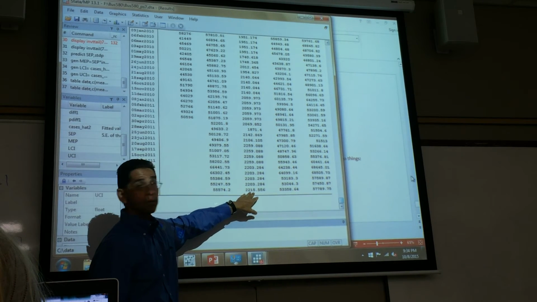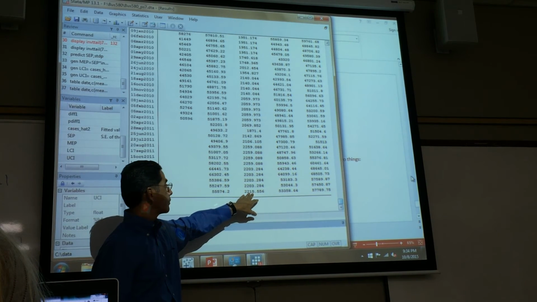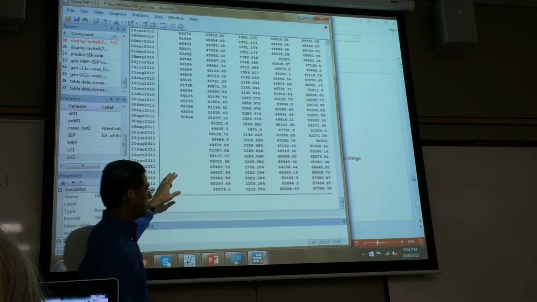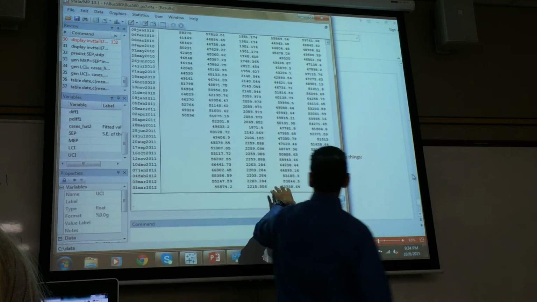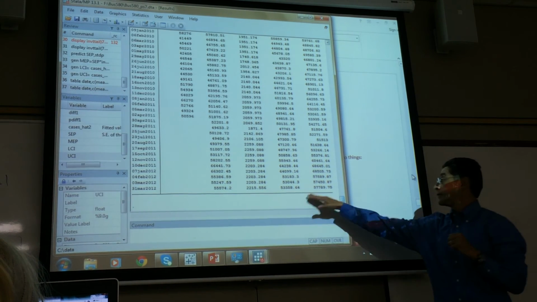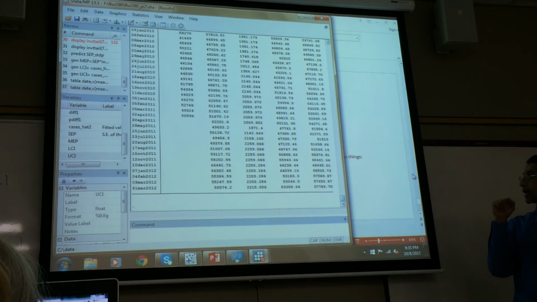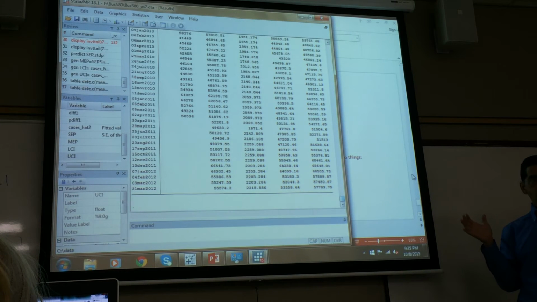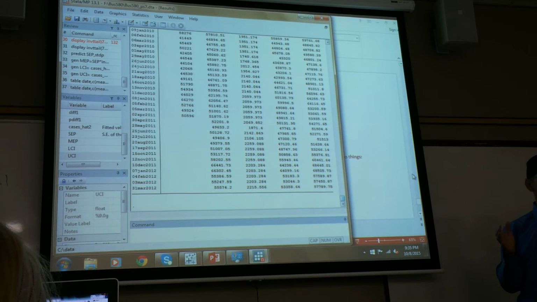Margin of error is about 2,200 cases. So if actual cases come within 53,358 cases on the low end, 57,789 cases on the high end, then our forecast will have been accurate.